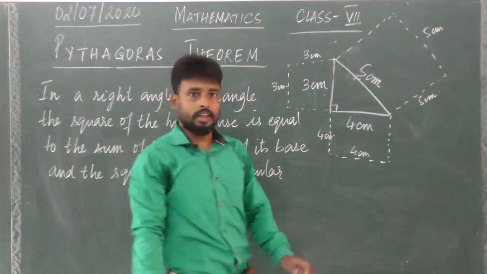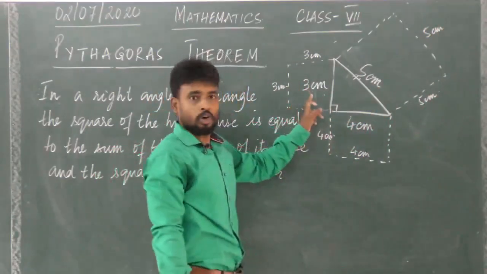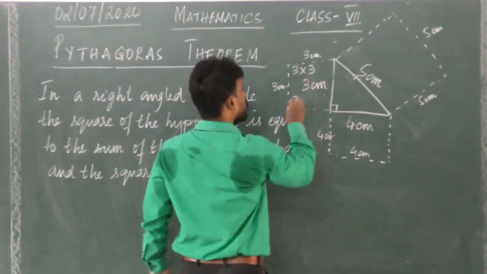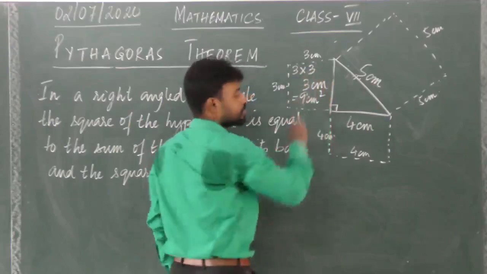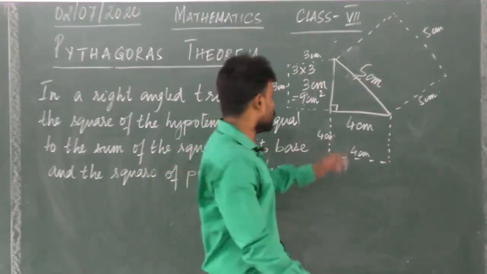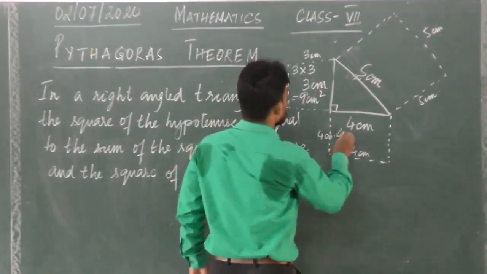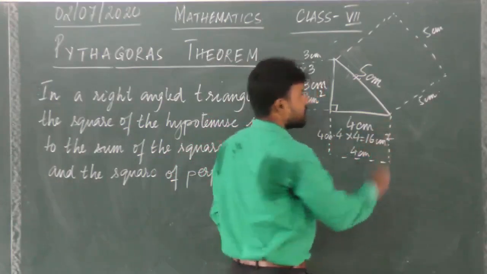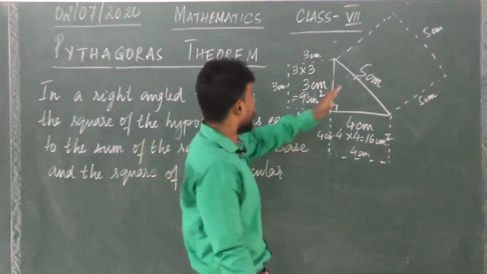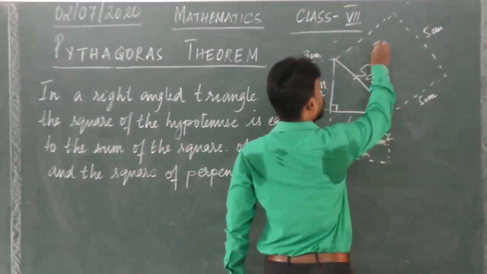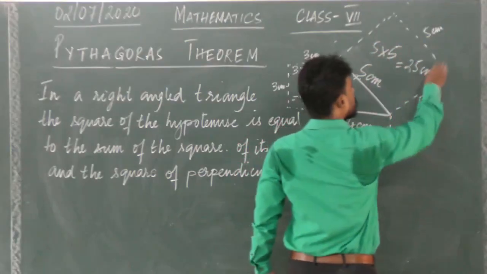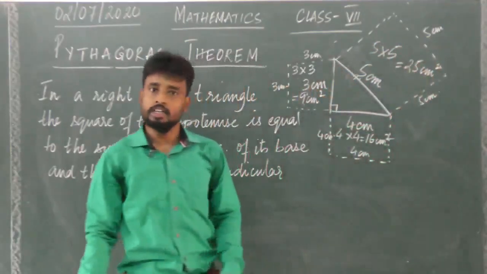The value of the square here is 3 into 3, which is equal to 9 centimeter square. The value of this square is 4 into 4, that is 16 centimeter square. The value of this square is 5 into 5, which is 25 centimeter square.